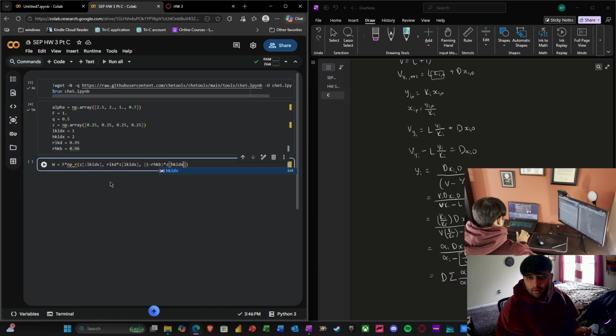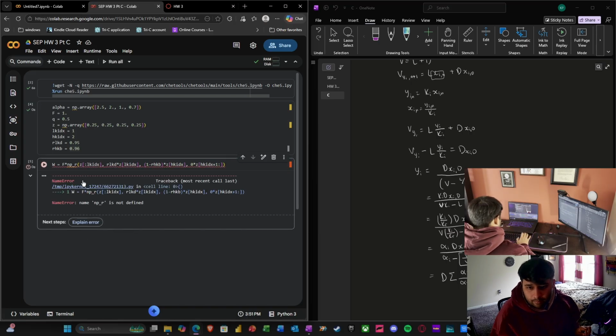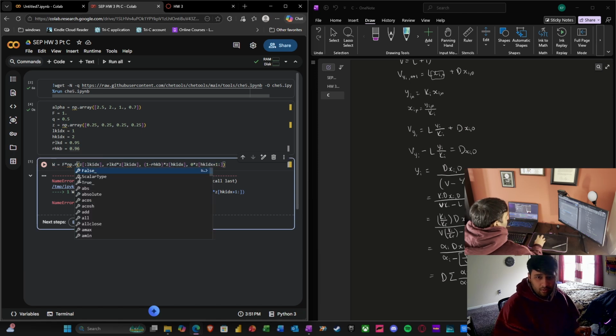Then we'll have 0 times our Z at HKIDX plus 1 with our colon. I hope that works. Okay, so this might be np dot r underscore.